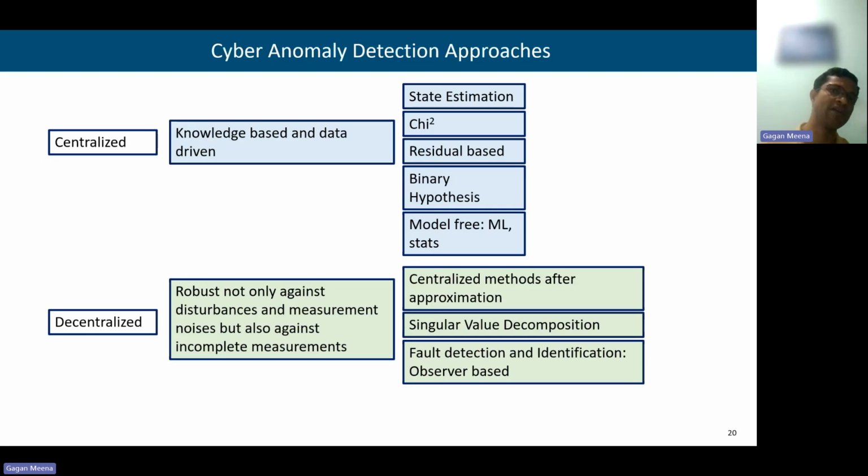So these are the different approaches for cyber anomaly detection. The first one is centralized, which is knowledge based and data driven. You need to keep track of the daily prices and the time.